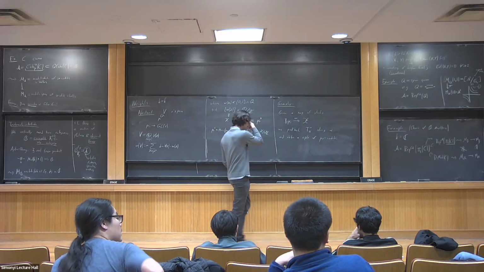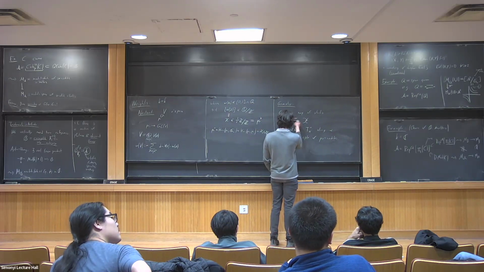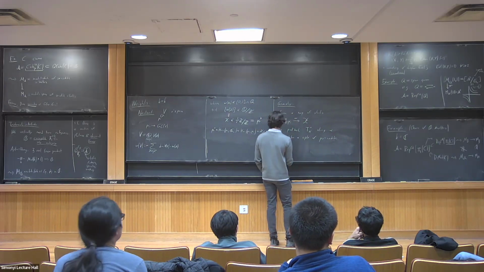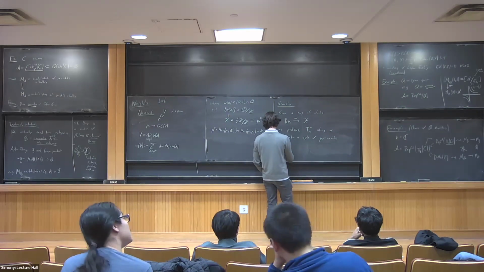Then the weight of alpha is defined to be the weight of the resulting complex of mu r modules.